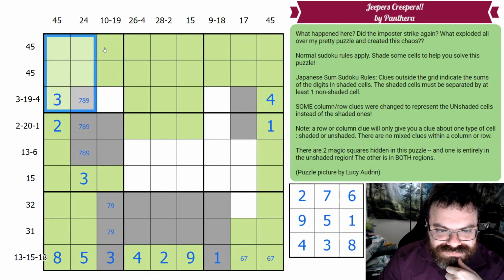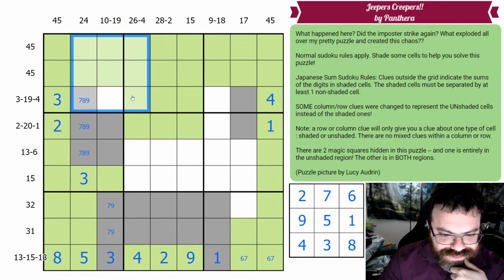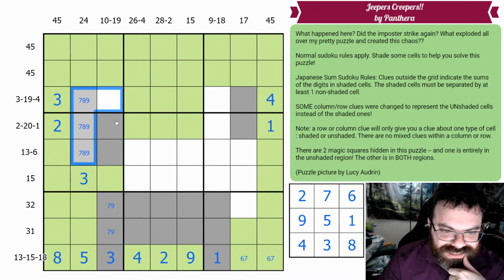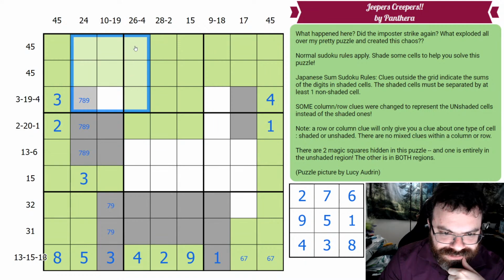Yeah, the 5 here prevents magic squares from being here. We put magic squares here. The 7, 8, 9 kind of blocks a lot.